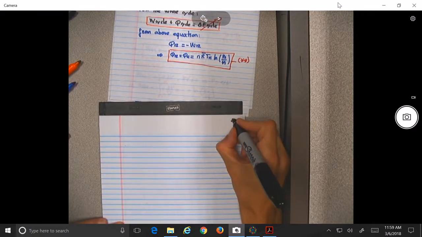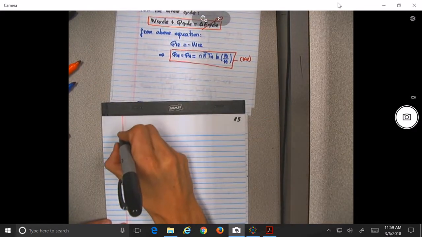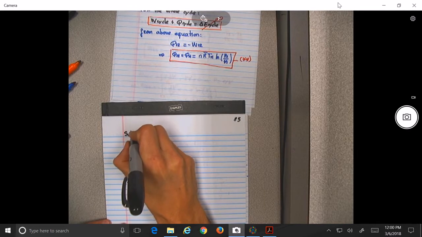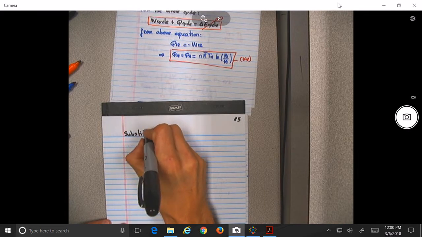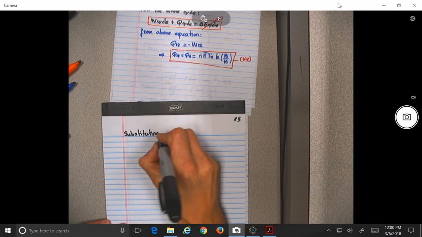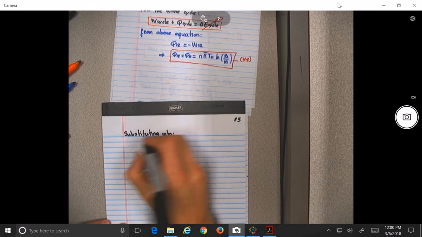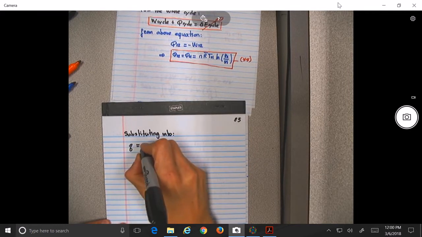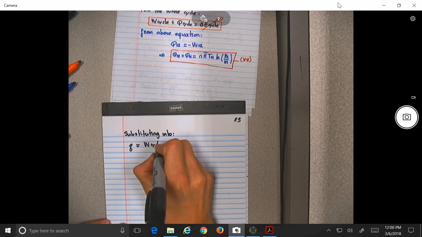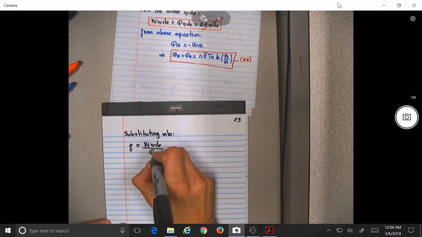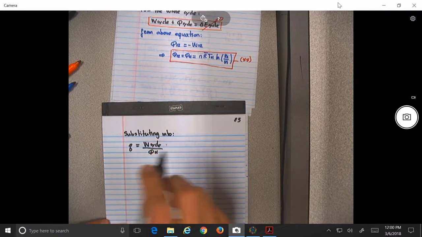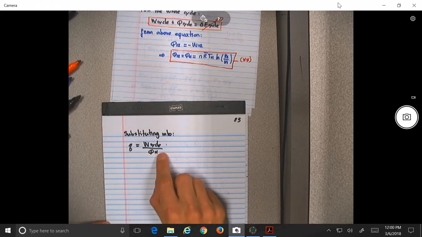So we say now substituting into the efficiency equal to what? Work of the cycle over Q hot, no?